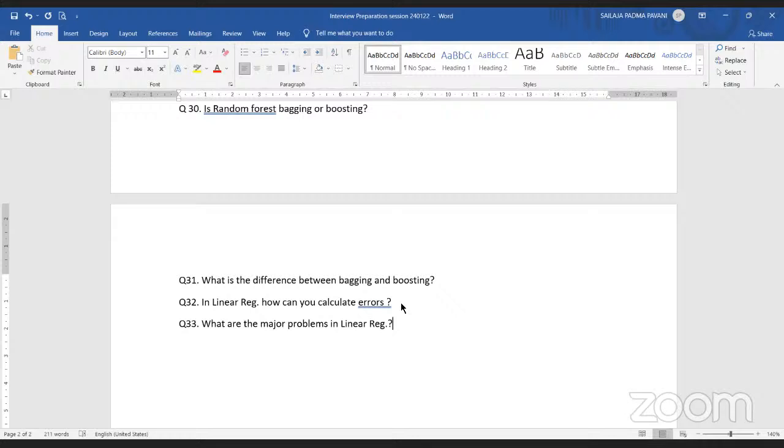Now my question is, what are the major problems you face in case of linear regression? I want at least two.